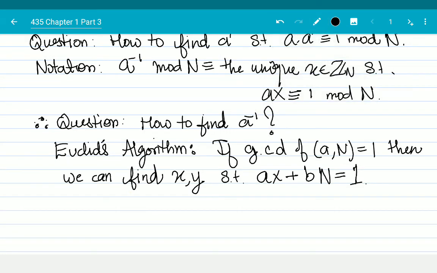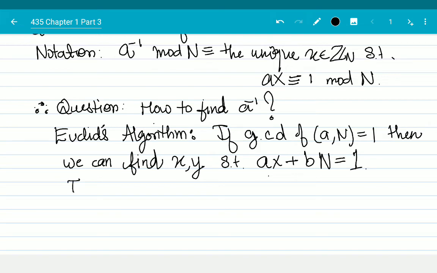The idea is that Euclid's algorithm does tell us that we can find x and y. Then a inverse is just equal to x mod n.